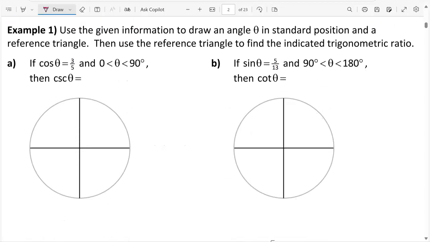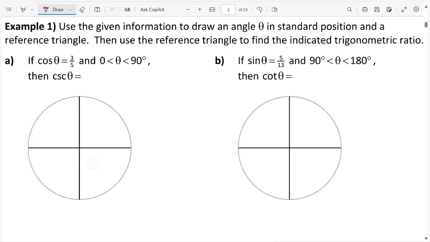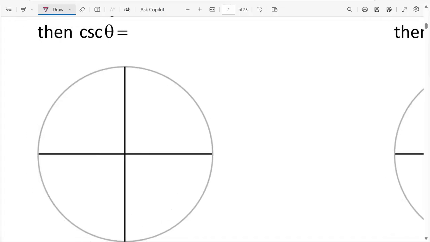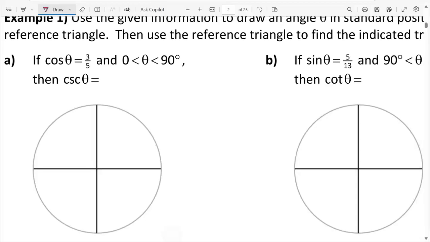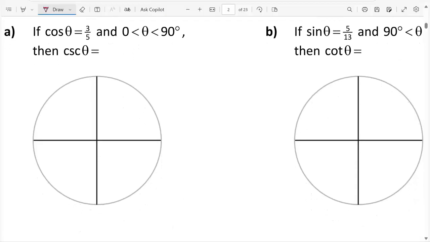All right, in example 1, we're going to draw an angle in standard position and then use it to find the indicated trig ratio. So this should be something that's fairly familiar to you. So in example 1a, we have cosine of theta is 3/5. For an angle theta that's between 0 and 90, that means it's going to terminate in quadrant 1. And so I'm going to draw a reference triangle in quadrant 1. And cosine is 3/5, so that's adjacent over hypotenuse.